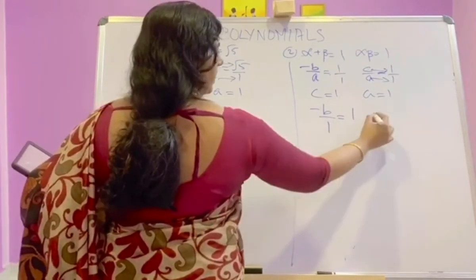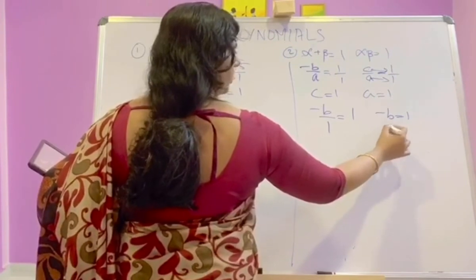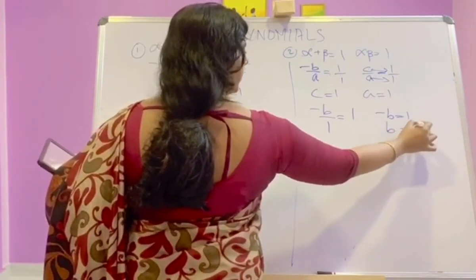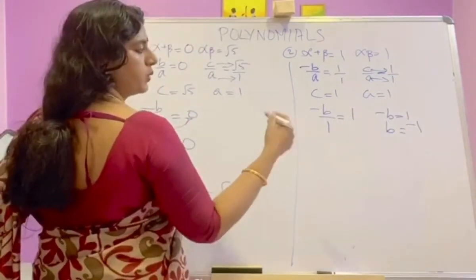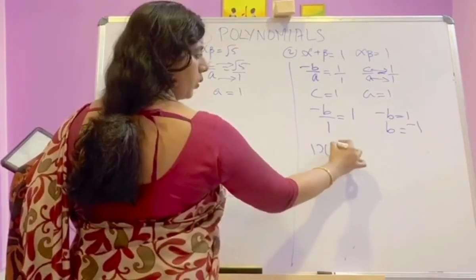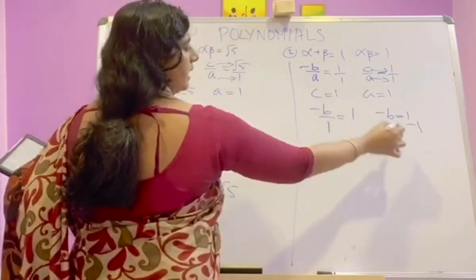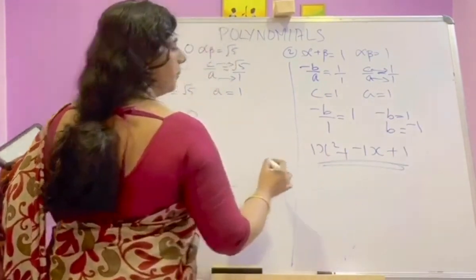That is negative b equal to 1. Then what about positive b? It becomes negative 1. That is whole into negative. So ax square, it becomes 1x square plus bx, minus 1x, plus c 1. This is the polynomial.